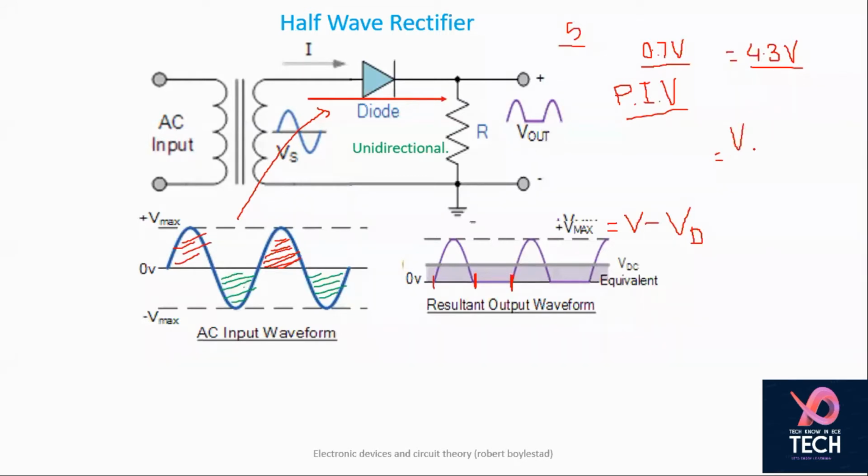This is Vm by pi for this cycle, and 0 for the other half. Actually, many mathematical calculations are involved. I will show you in the later part of this lecture or maybe in the next. You are adding these two and taking the average over this duration. So overall the DC is Vm by pi. This is your VDC. Okay, this is about the half wave rectifier.